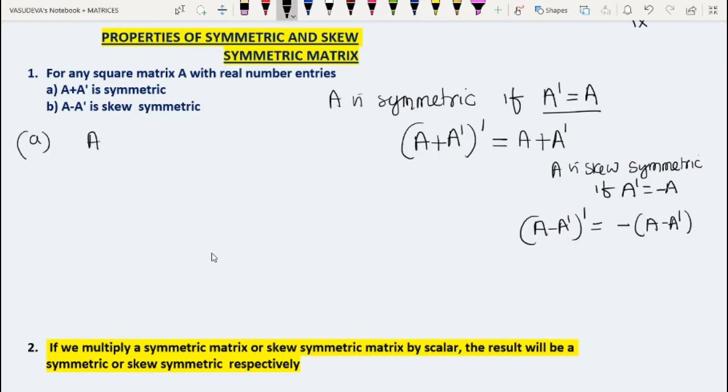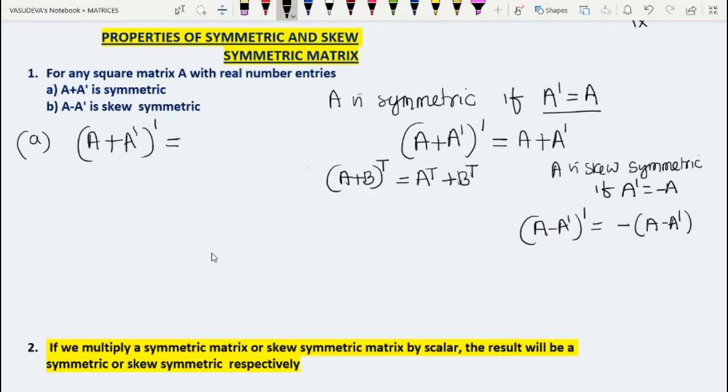Consider A plus A dash whole dash. We know the property of the transpose from the earlier videos. The property says the transpose of A plus B is equal to A transpose plus B transpose.